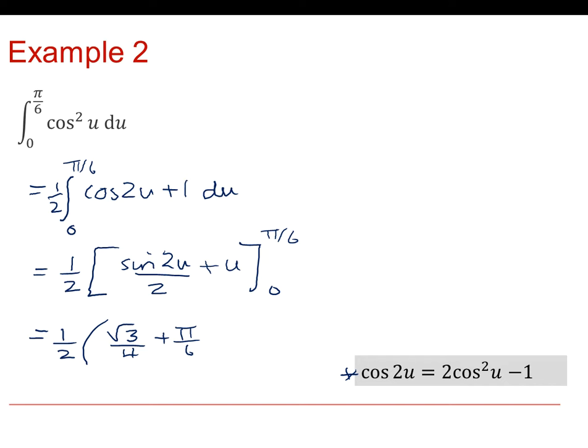And then the other two terms are 0. Sine of 0 is 0 and u is 0, so I won't put those in. Giving me root 3 over 8 plus pi by 12.